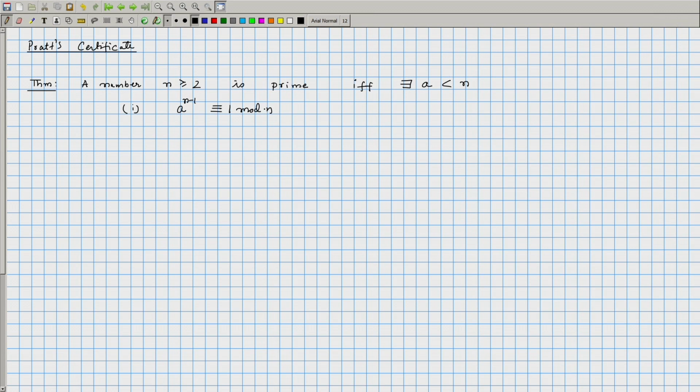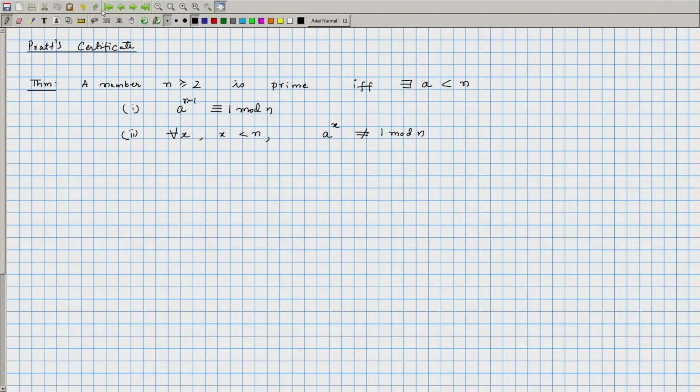That means compute a to the power n minus 1 and divide by n, the remainder should be 1. That is the first requirement. And the second requirement is that for all x less than n, a to the power x should not be 1 mod n. So, if these conditions are true, then the number is prime.